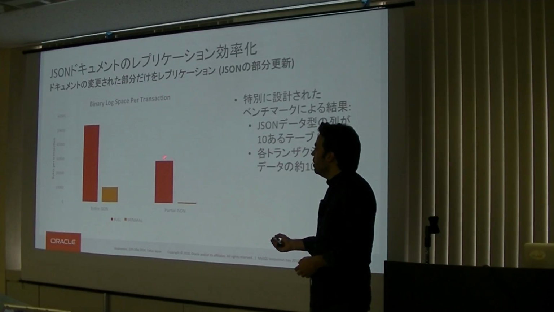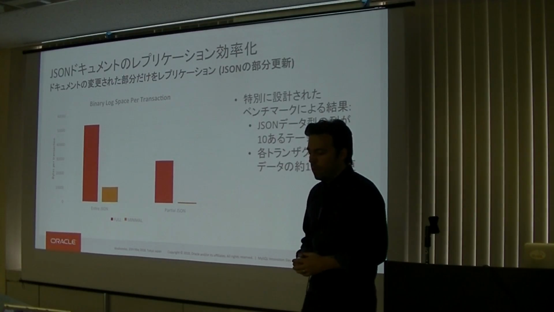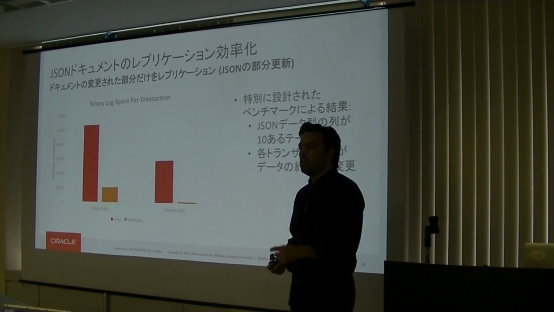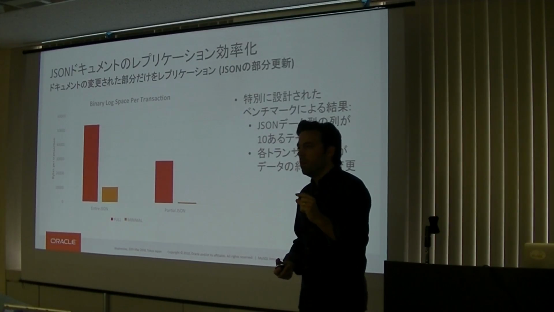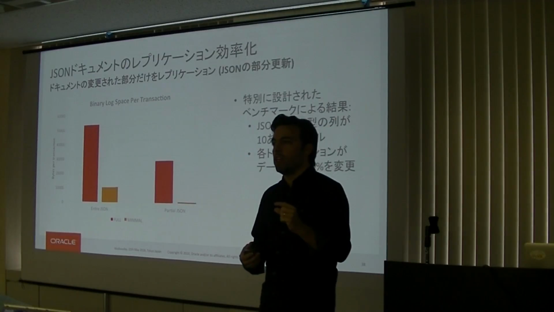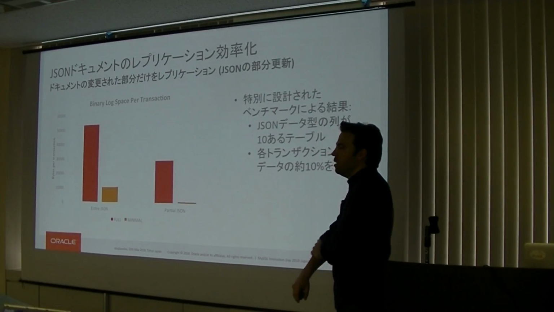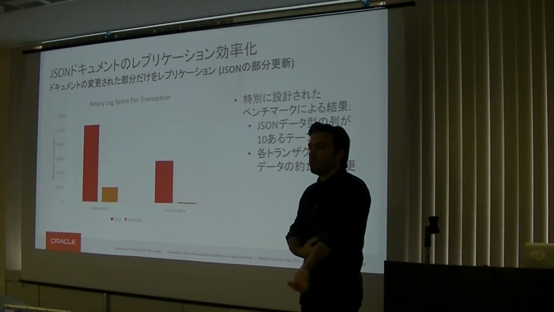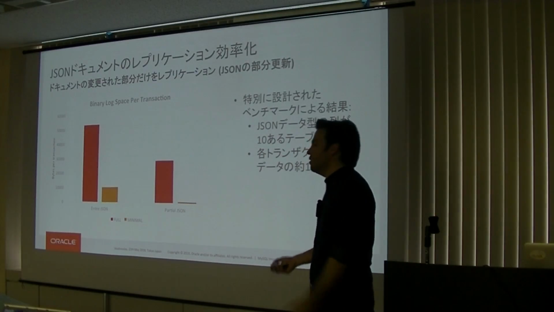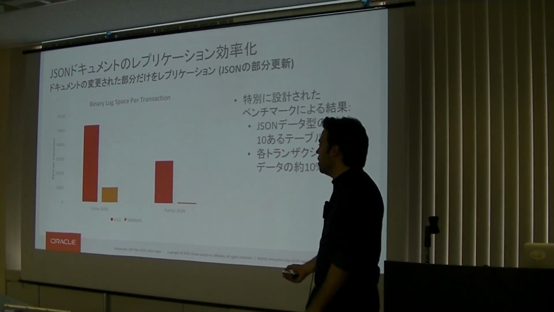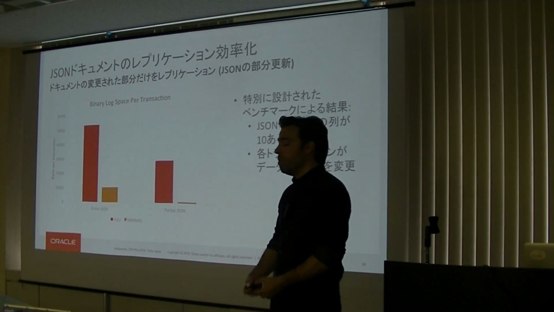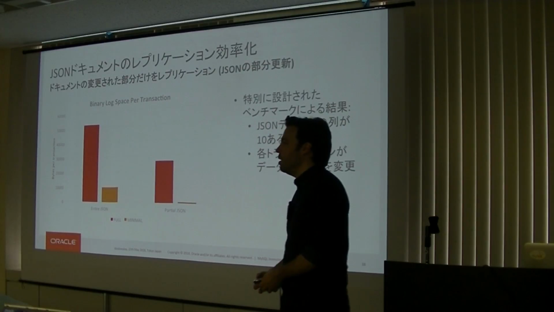And we enhanced row-based replication to be able to replicate just the diff of the JSON object that you're changing, instead of shipping the entire JSON document in the row-based replication images. So this, of course, obviously brings a lot of benefits in terms of the amount of bytes that we store in the bin log.